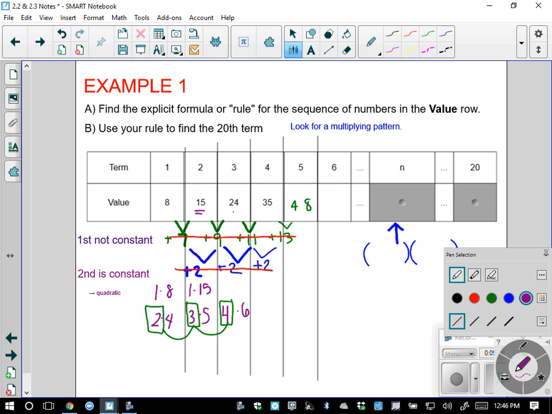So if that works, then I want to check and see, does the second number also fit a pattern from 4 to 5 to 6? So I'm going up 4 to 5, 5 to 6.